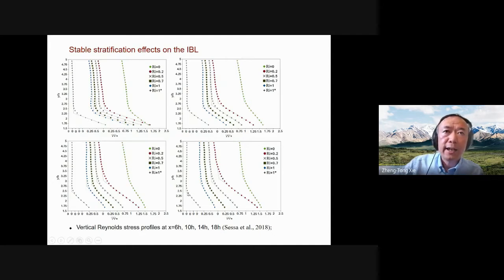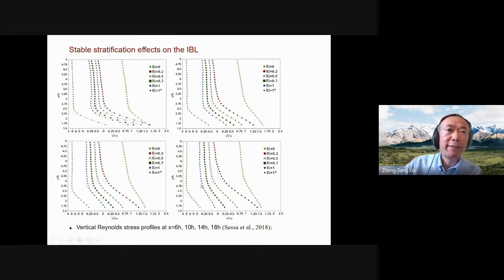And for the last one, the Richardson number 1 star, we use a lower turbulence at the inlet, and then you can see there is a further decay compared to the same stratification but higher turbulence.